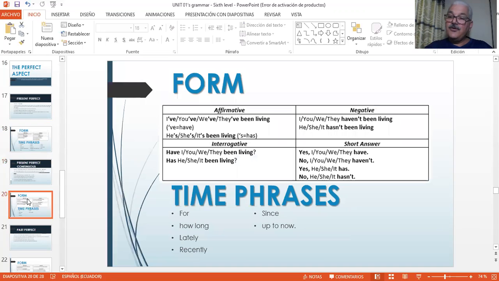Well, the form that we use here for the present perfect continuous is the subject with the form of the verb have, then been, which is the only form we could use of be after have, and then the main verb with ing. And if it is he, she, or it, you know, we are going to use has.